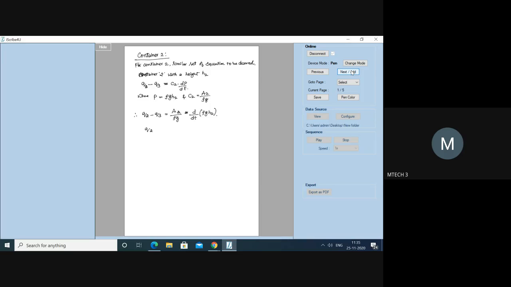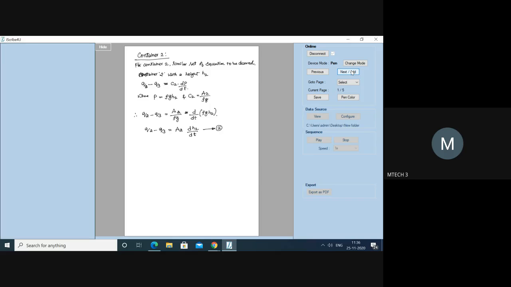So Q2 minus Q3 equals A2 into dH2 by dt, as rho g gets cancelled. Call this equation number 2. Same lines you write, the same way. Over up till here? Yes, sir.